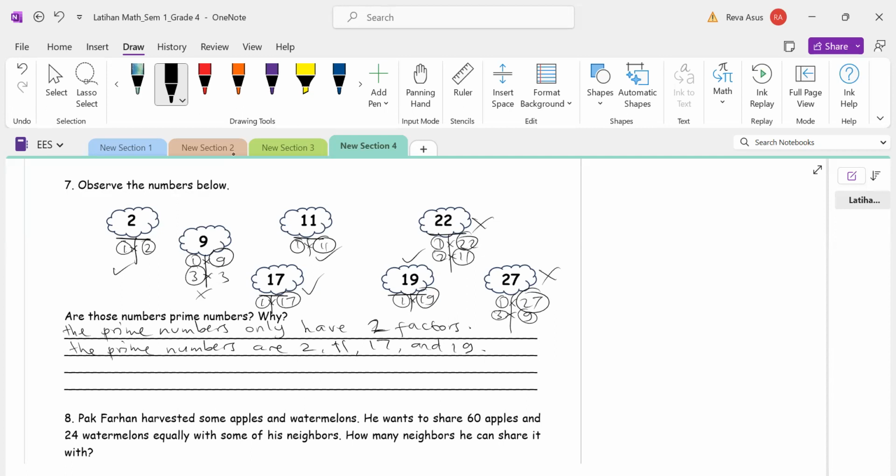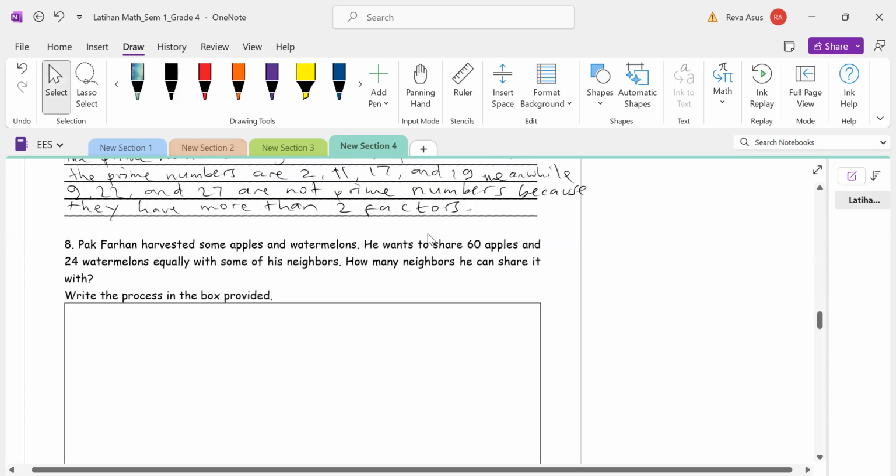Meanwhile, 9, 22, and 27 are not prime numbers because they have more than two factors. All right. That's it for number 8.